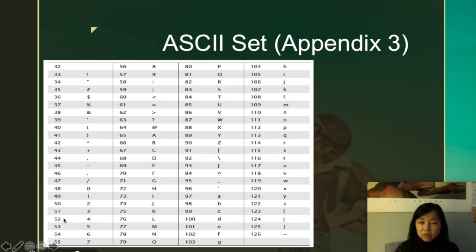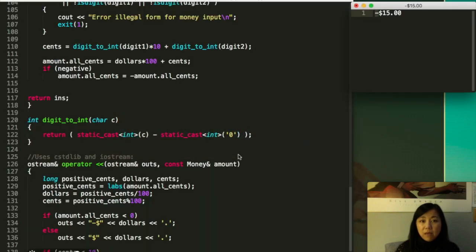What is the integer representation of the character 4? It is actually 52. So how do we get the value of 4 if it's represented as a character? We would use 52 minus 48, and it becomes 4. That's actually how we are going to do it, and that's how it's implemented.